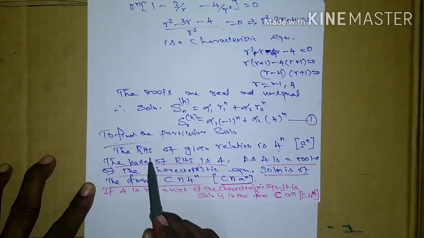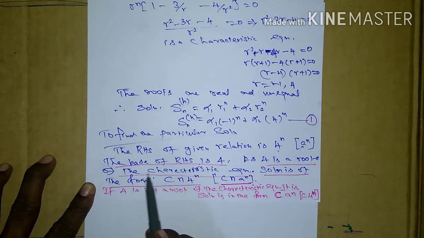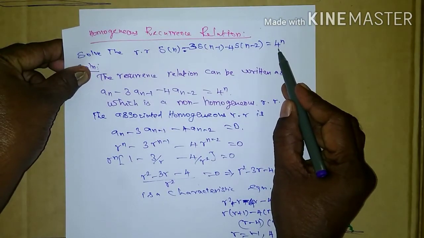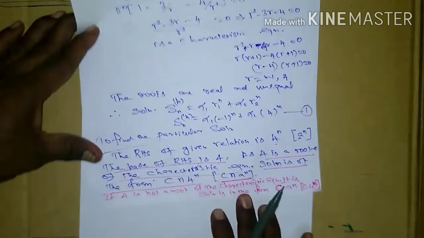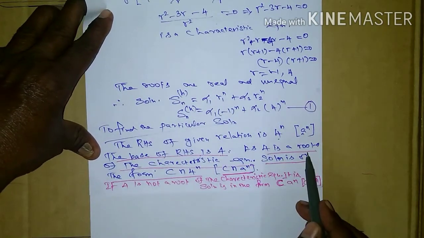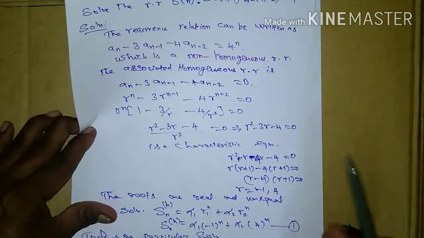Once again I repeat, the RHS of the given relation is 4 power n. The base of the right hand side is 4. As 4 is a root of the characteristic equation, the root is the same as the base of the right hand side.